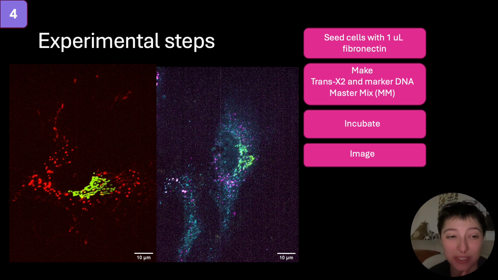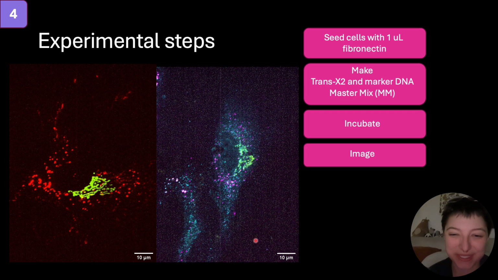And so you look through the microscope and you try and find a cell that is successfully transfected with both the Golgi and the cargo, or in this right picture, the Golgi, the ER, the cargo, and the ER exit sites. So I should have put it, but you should have labels for all of these things. I forgot to add it.